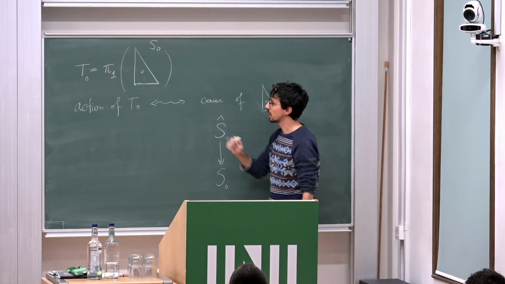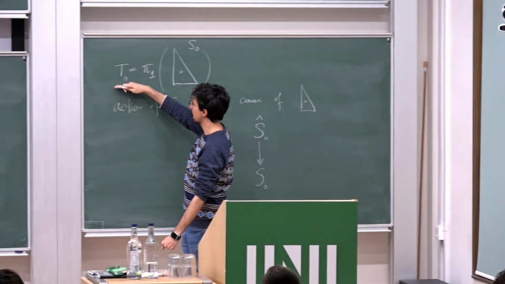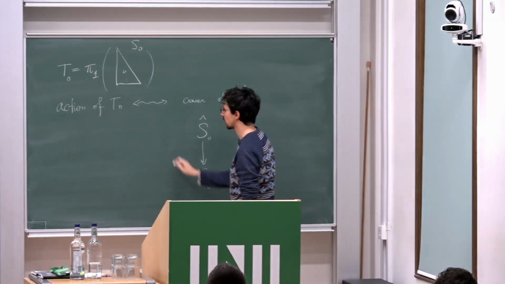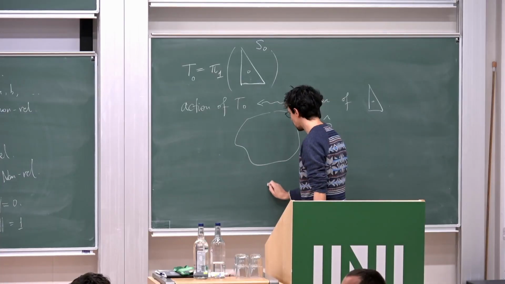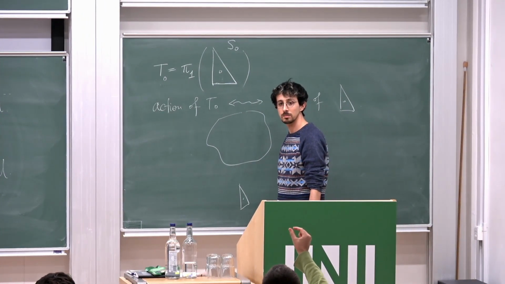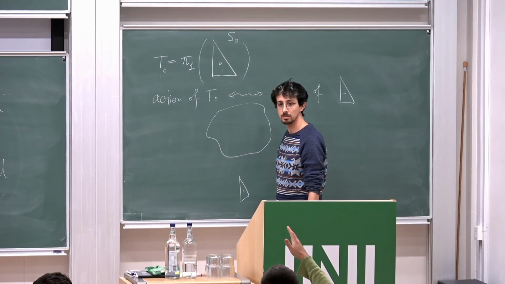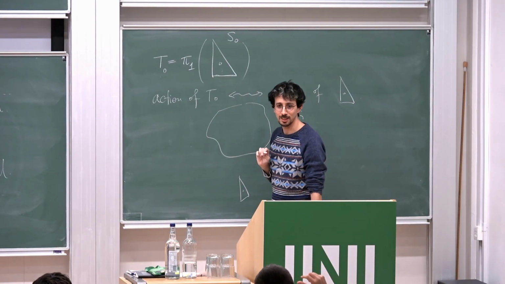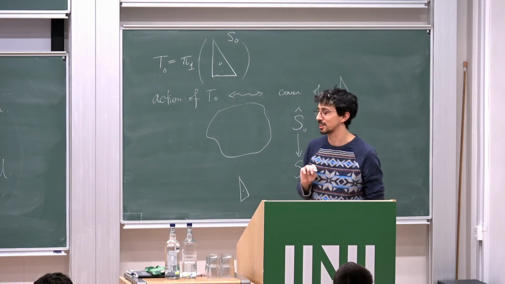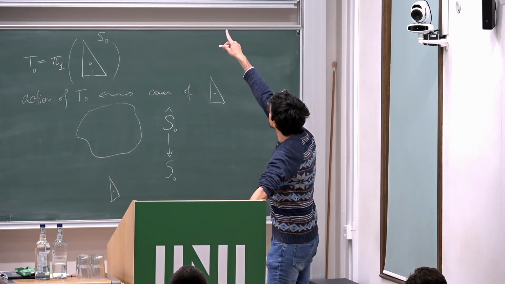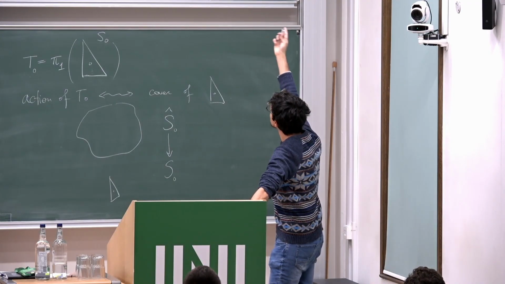Okay, so any action of T0 corresponds to a cover. I think Alon is asking, it's an orbifold in the sense that when you do pi1, you don't treat it topologically as that picture. You need to remember that there are the groups on the edges and the vertices. Yeah, okay. So again, this pi1 is exactly this T0 that's written there.